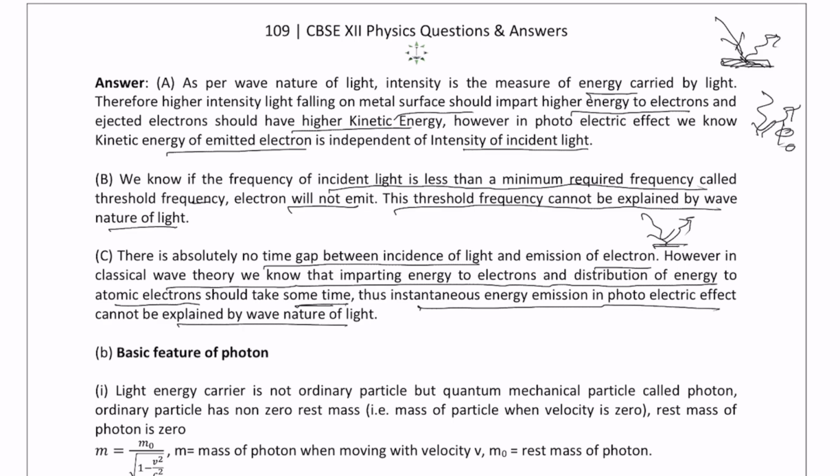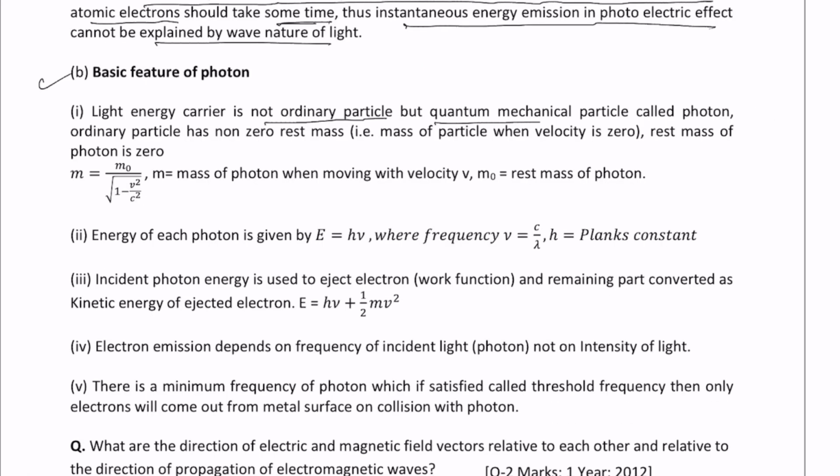Okay. Basic feature of the photon. So the light energy carriers, that is the photon particles, are not ordinary particles, they are quantum mechanical particles, okay, called photons. Ordinary particles have non-zero rest mass. When velocity is zero, then its mass is not zero for an ordinary particle.